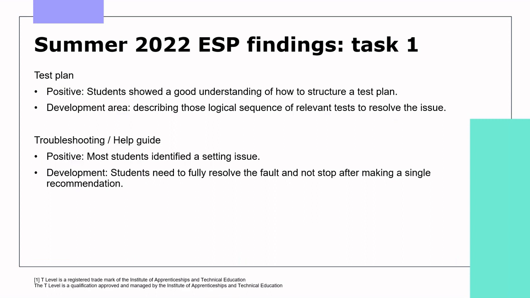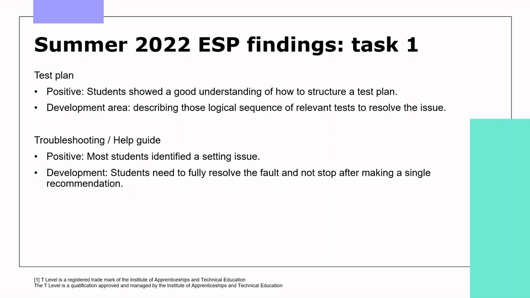Some findings from the Chief Examiner's report from the Summer 2022 series found that most students were good at designing and structuring their test plan. But where it was underdeveloped was in describing the logical sequence of tests. And some students did not recognize or demonstrate the need to run tests to verify that the results have been rectified.